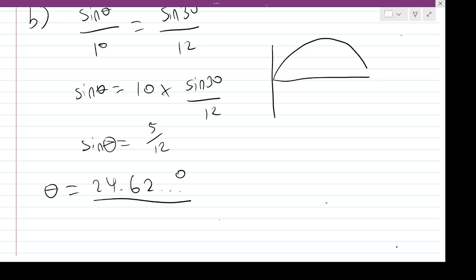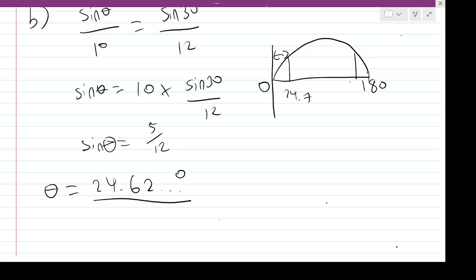If we draw the sine curve between 0 and 180, this solution is 24.7, that's probably going to be about there, say. So then if we read off the graph, the other solution will be about there, right? And so again, the gaps are the same between either end and the solution, although that's a bit off. There we are. Hopefully you can see that they are indeed the same gap.